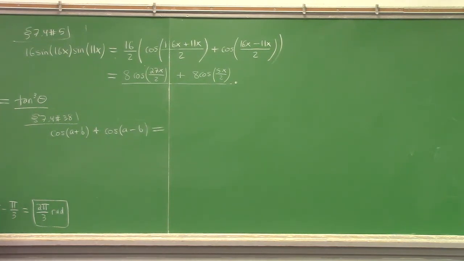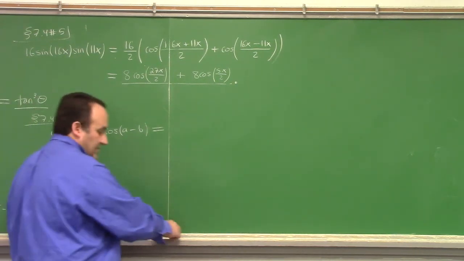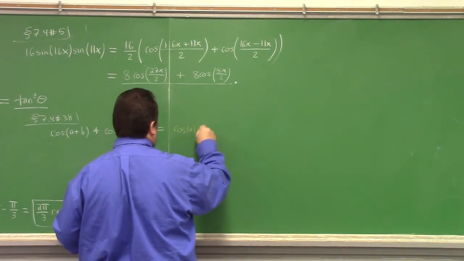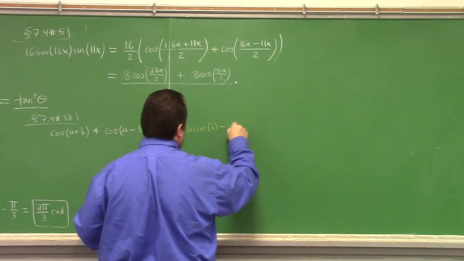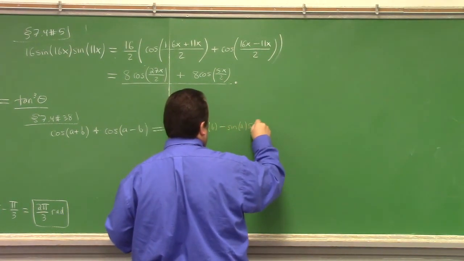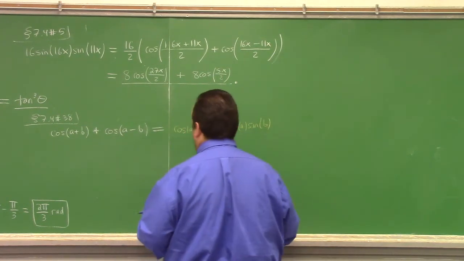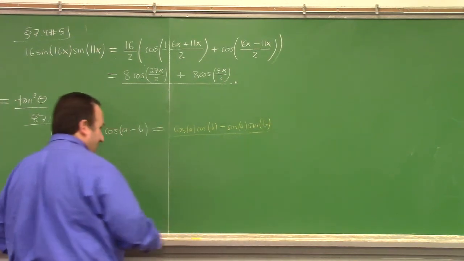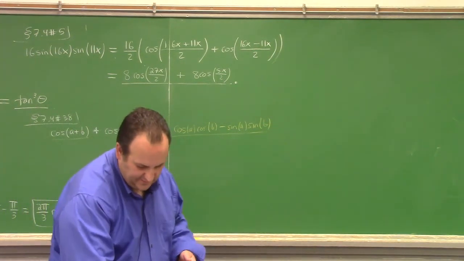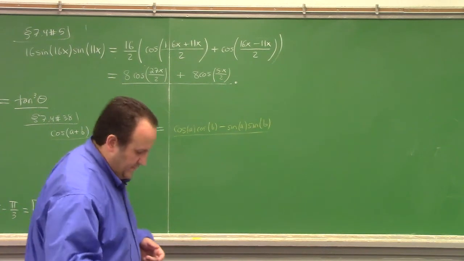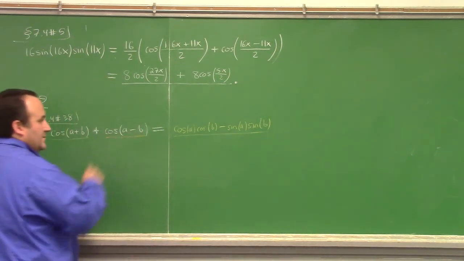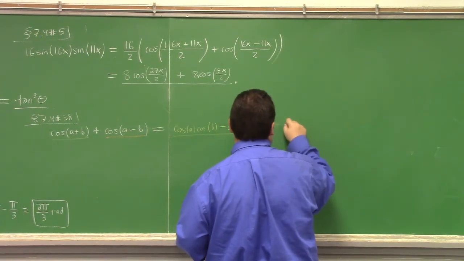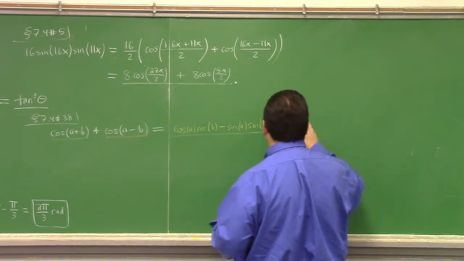So first of all, cosine A plus B is what? Cosine A plus B is cosine A cosine B minus sine A sine B. Right, that's this, by the adding angles formula for cosine. And then, what's the other one? Well, we got cosine A minus B. So it's very similar. I'm going to write it below.